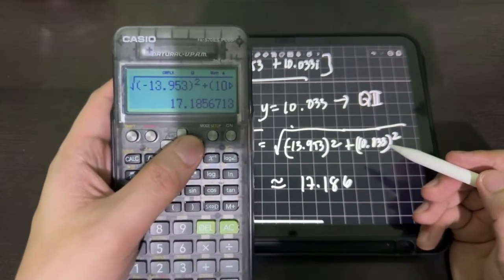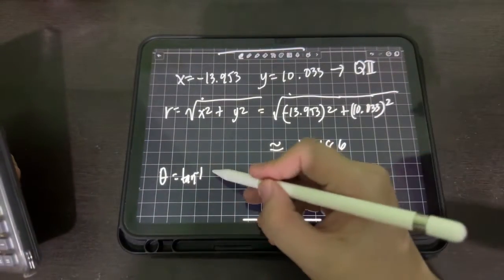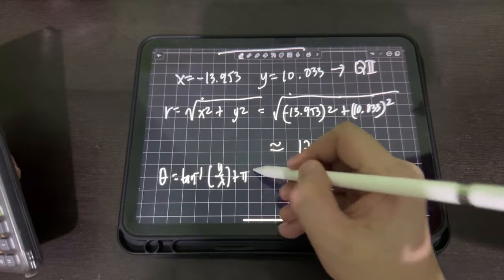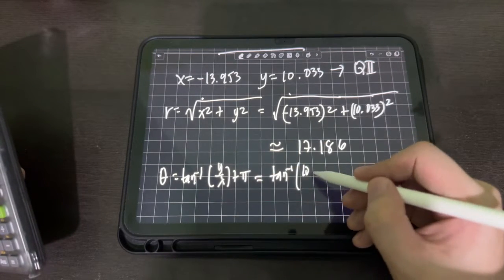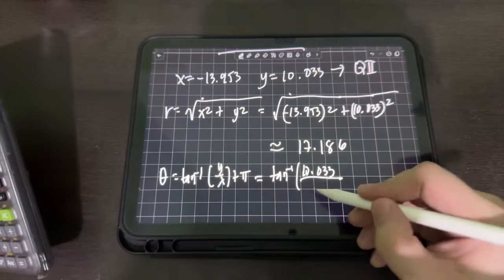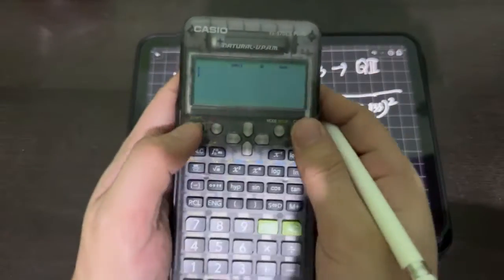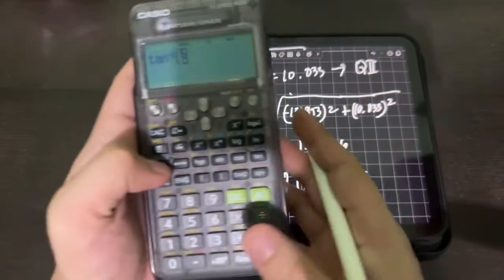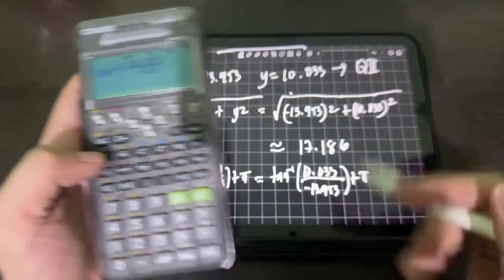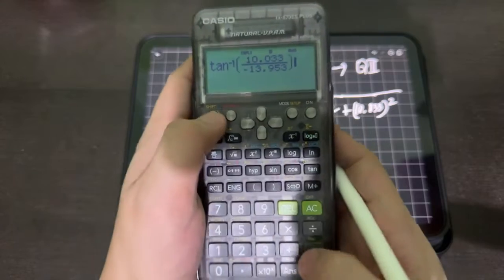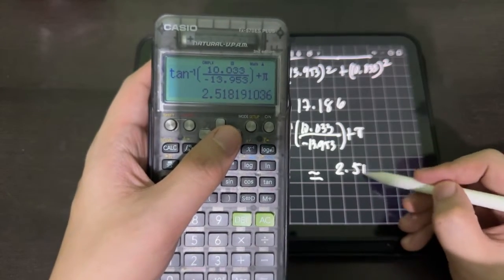Okay, and then for your theta, if it's in quadrant 2, theta is arctan y over x plus pi, right? So substitute the value: arctan of y is 10.033 over x is negative 13.953 plus pi. Approximately 2.518.